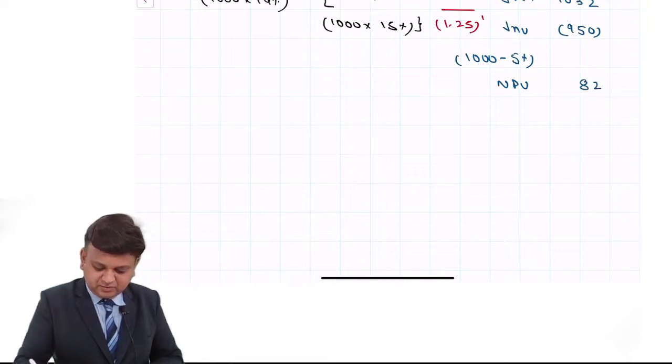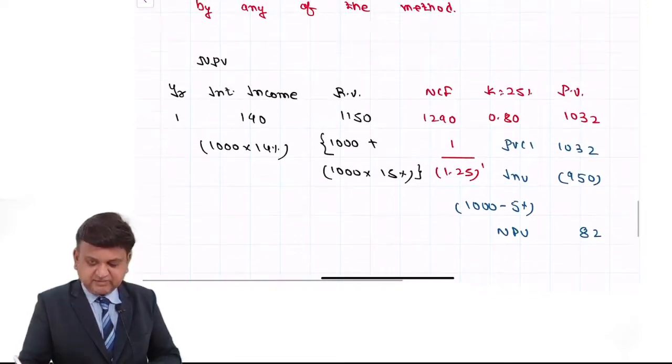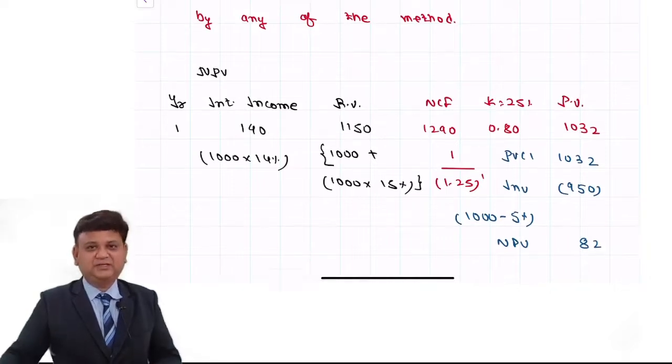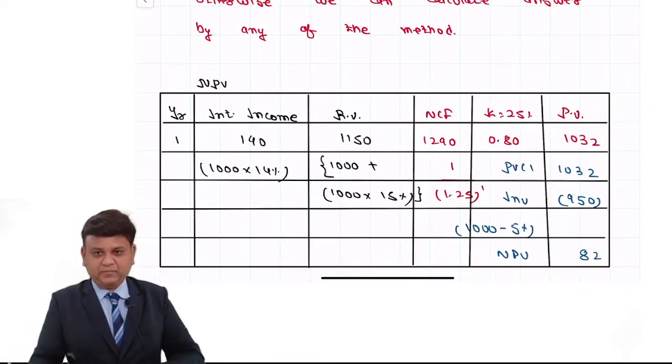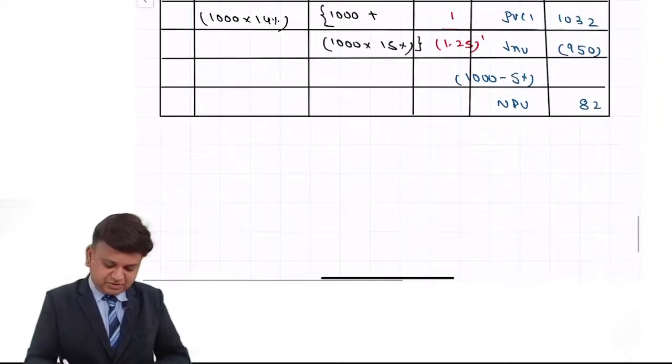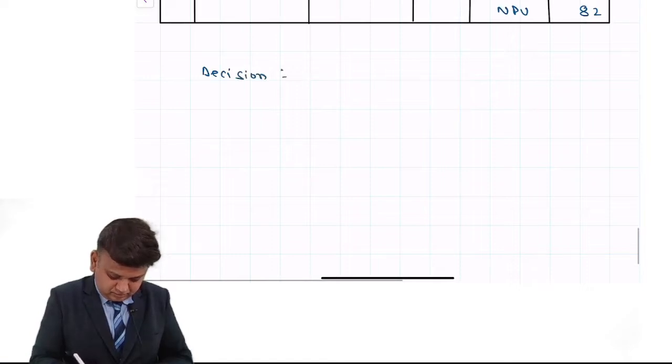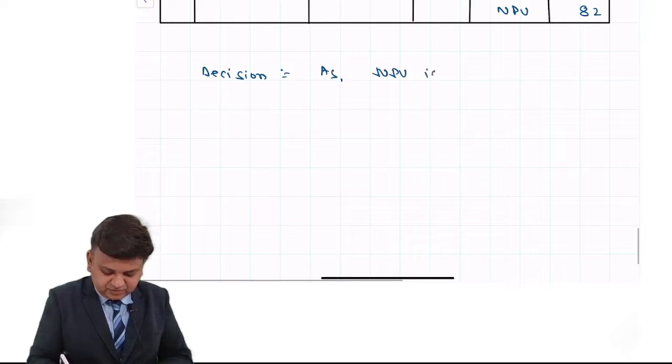NPV is 82. That is the way the NPV can be calculated. Please write the answer. Write down the decision in a paragraph: as NPV is positive, buy security.